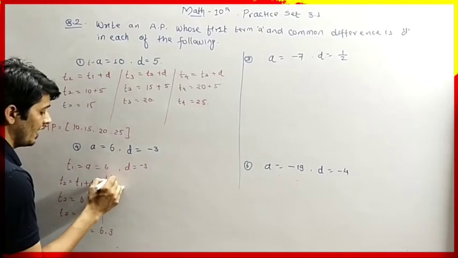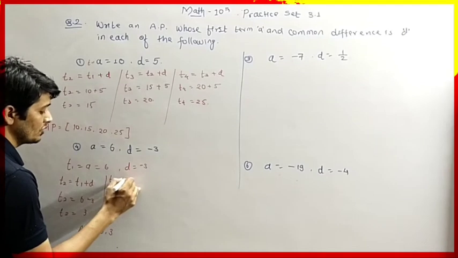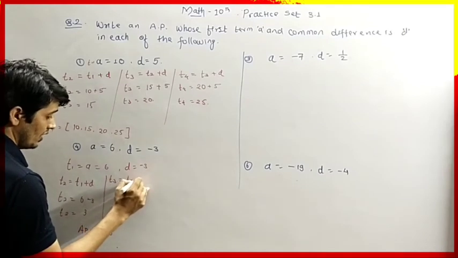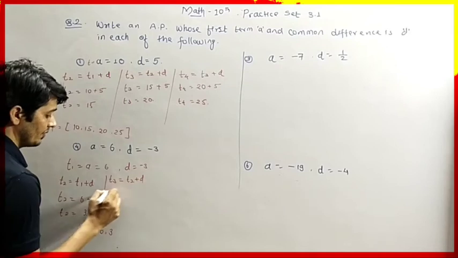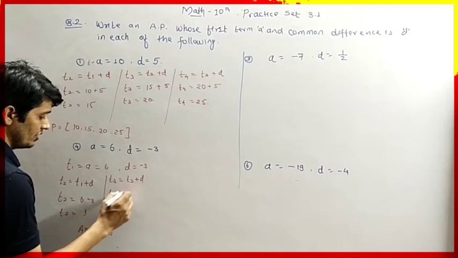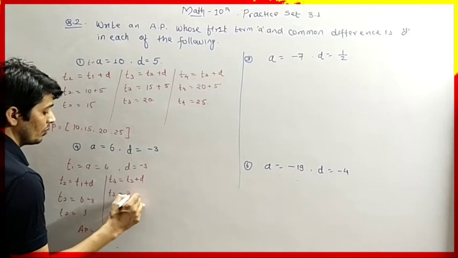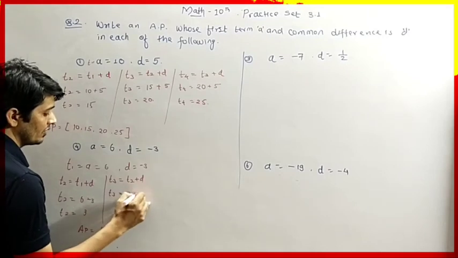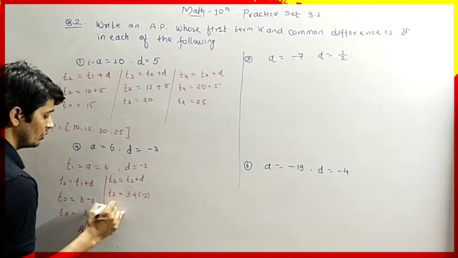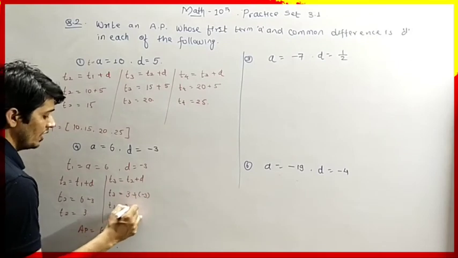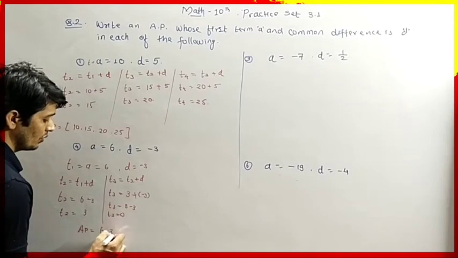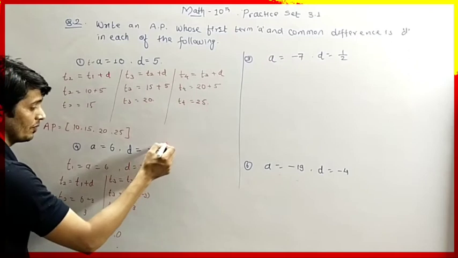Now we have to identify T3. T3 equals T2 plus D. T2 is 3, so 3 plus D, which is minus 3. Plus times minus is minus. So T3 equals 3 minus 3, and 3 minus 3 is 0. So T3 equals 0. The next term will be 0.